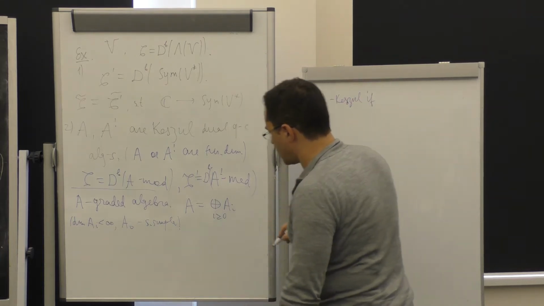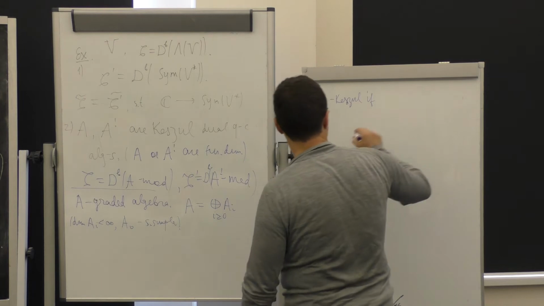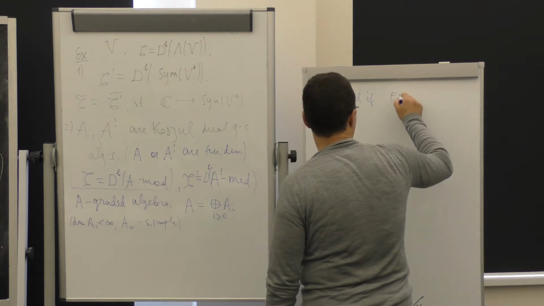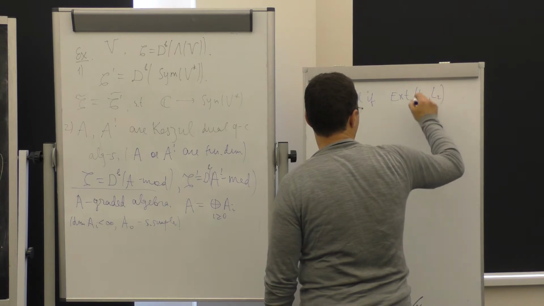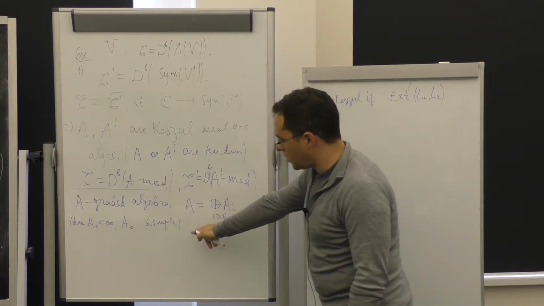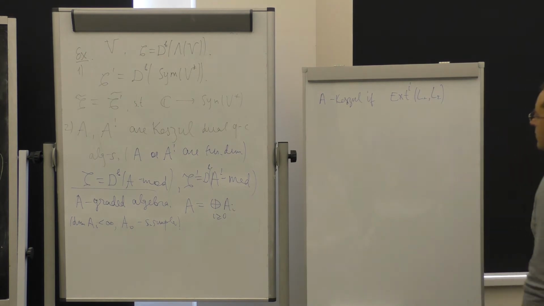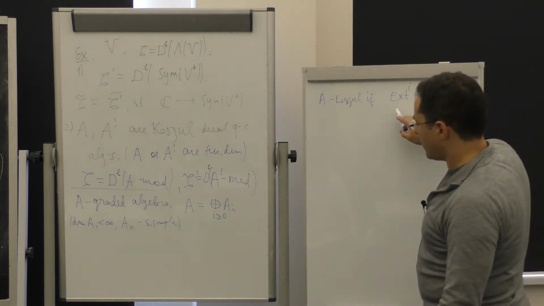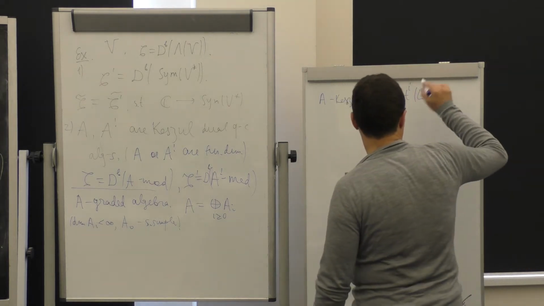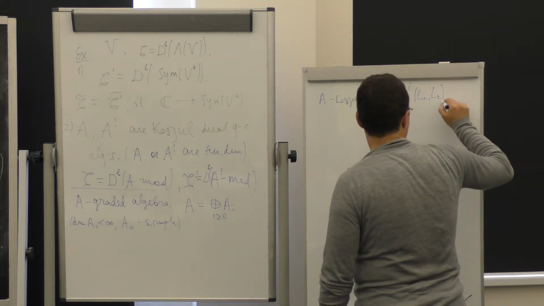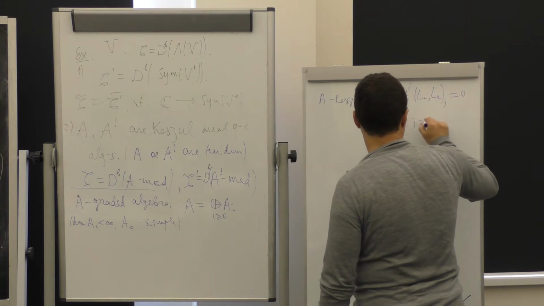A is Koszul if the following happens. You can compute Ext from an irreducible to another irreducible. And the grading on A equips this space with another grading, and we require that in fact it is equal to 0 for j not equal to i.